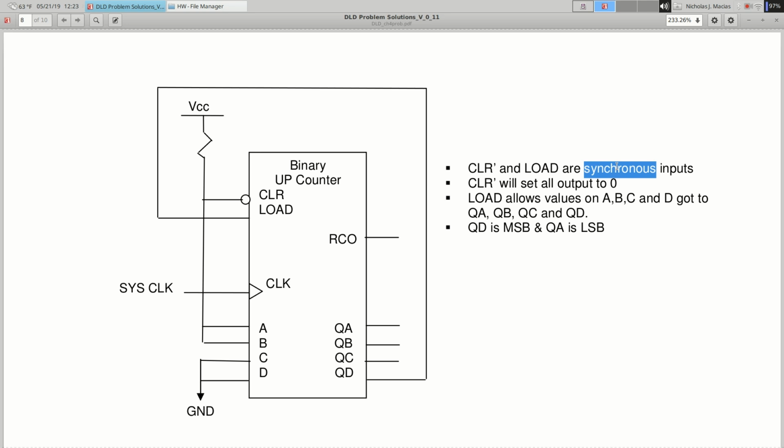Okay, now we got everything we need to actually look at the circuit. So suppose this thing starts off at 0. Okay, we don't know if it'll start at 0, but let's just suppose it starts at 0. And I'm going to make a table over here. QD, QC, QB, QA. And I'm just going to fill this in.